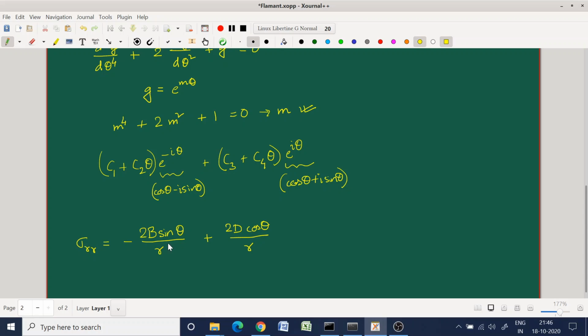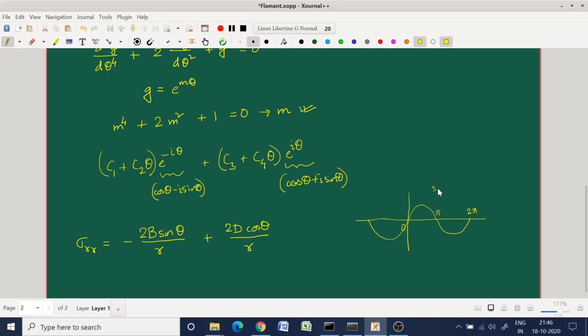Sine theta is not symmetric about theta equal to 0, and you can quickly see this. If you plot it, our sine theta plot will be something like this, where this is 0, this is pi, this is twice pi, and it continues like that. So you see, about 0 the sine is not symmetric, rather it is antisymmetric.